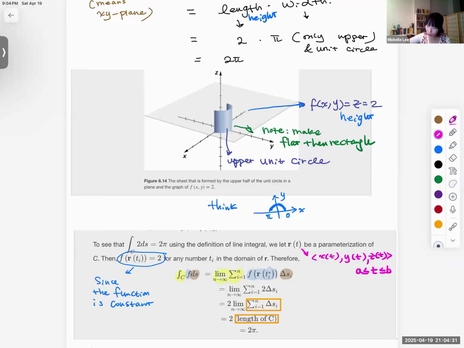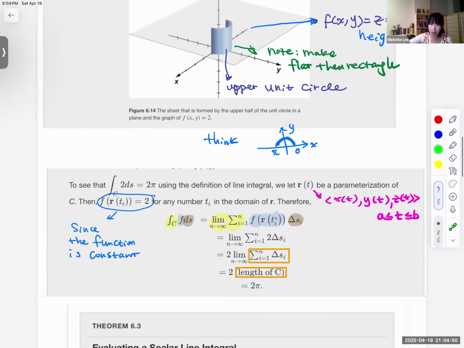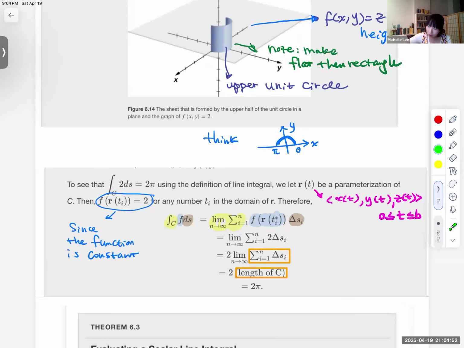How about using the earlier definition: let r of t be the parameterization of the curve C. Let me make it bigger. When we parameterize, we make a t.